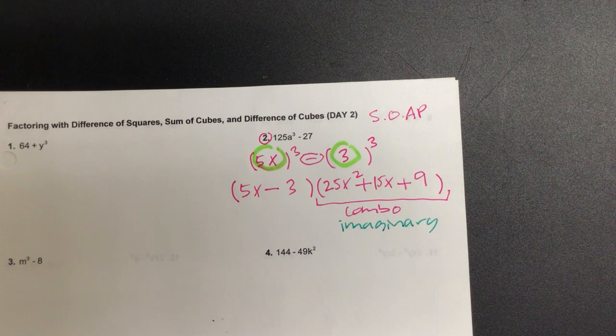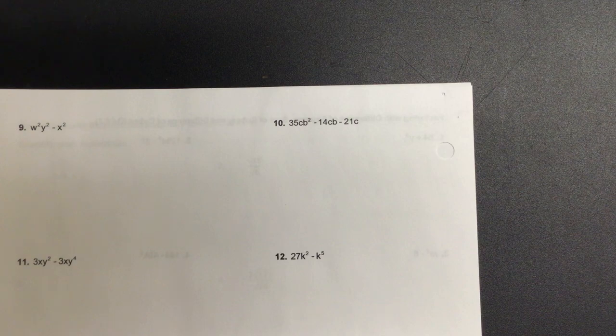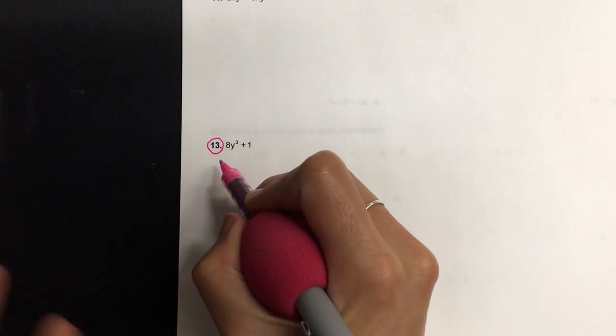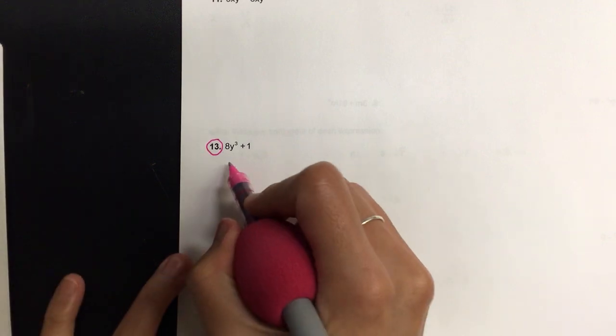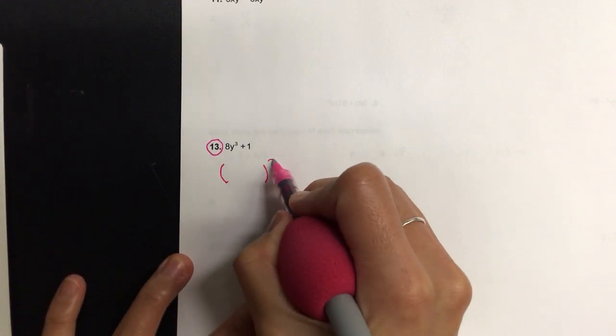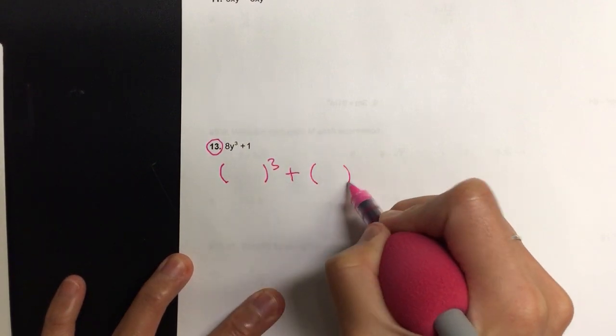Okay, so while we're in that path, let's do number 13, and then we'll go to the other one. Well, which one was that one? 13 was sum of cubes. What was number 2? Number 2 was difference of cubes. So on number 13, let's go ahead and write out chunk cubed plus a chunk cubed.